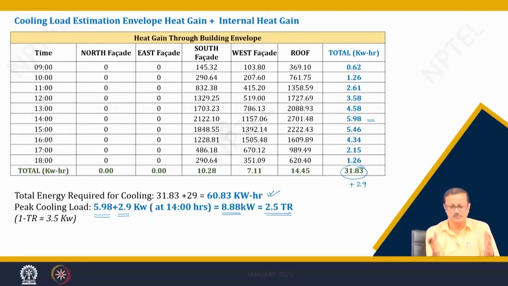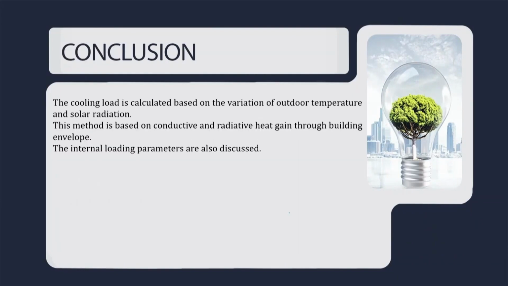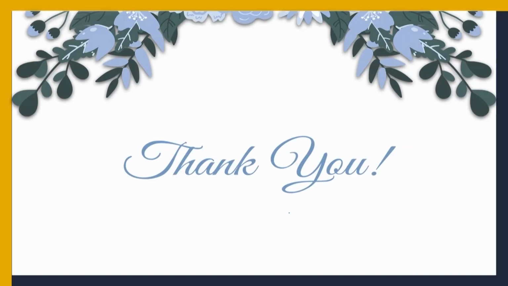Then we can see the change in the peak load and the total load, and based on that we can estimate our total cooling capacity and total purchase of energy. That is for this particular lecture. What we have seen is that we calculated the cooling load based on the variation of the outdoor temperature and the solar radiation, and we have also discussed the internal loading. Thank you very much.